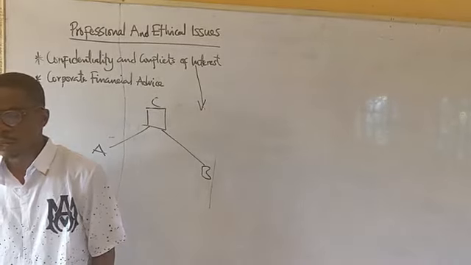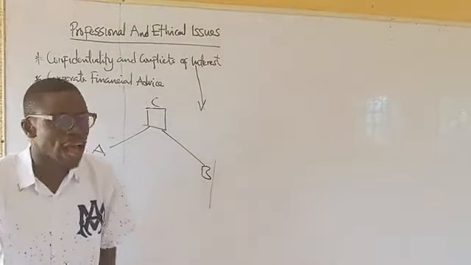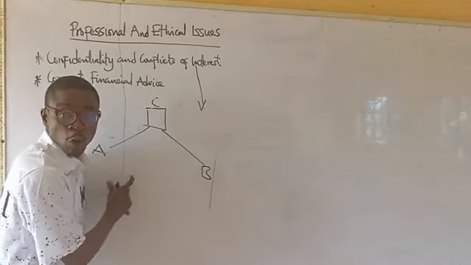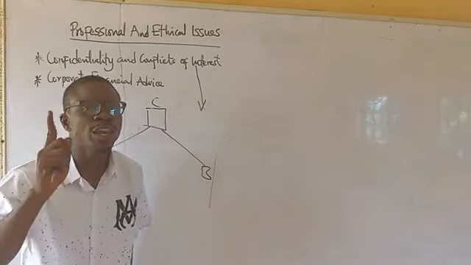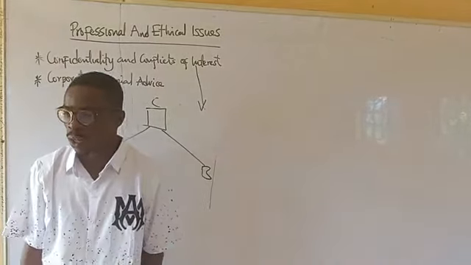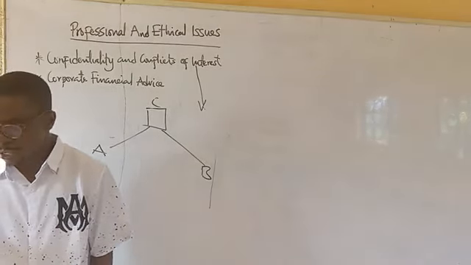Are we together? Now, look at it now. If you are acting as an advisor to both companies, you should not be the sole advisor, or the main advisor. Do you get what I say now?